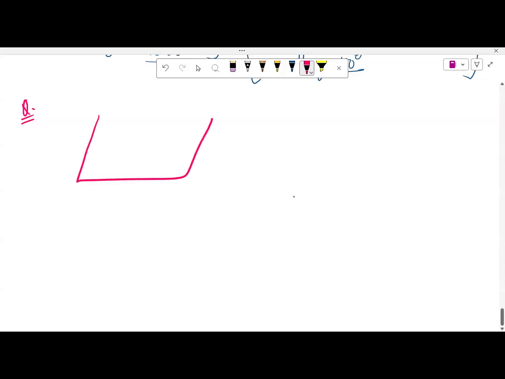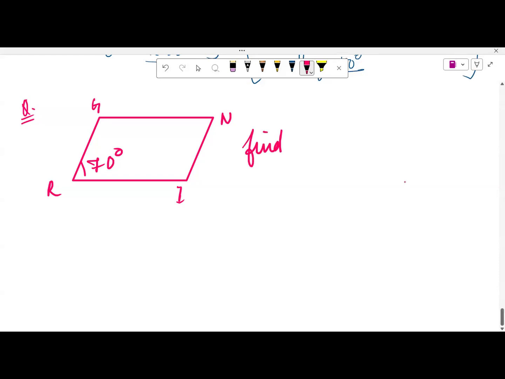you have this parallelogram R, I, N, G. This angle is 70 degrees. Now you have to find all the other angles.